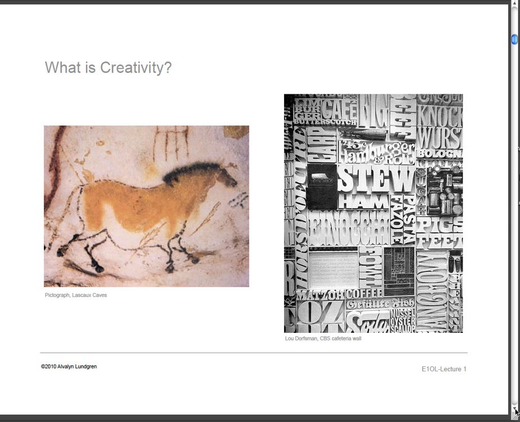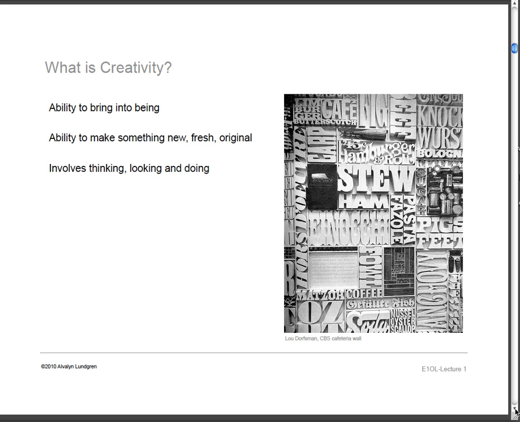Another thing to look at is, what is creativity? A lot of people don't understand what that is either, and what we're looking at is the fact that creativity is inherent in human beings, no matter what field they're in, no matter where their interests lie. Basically, creativity is the ability to bring something into being.